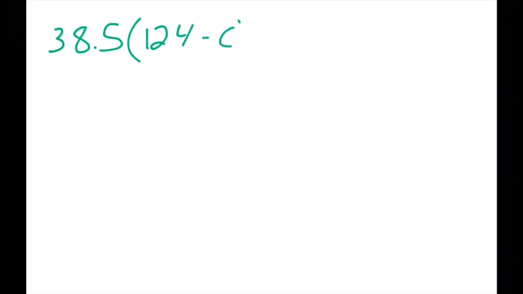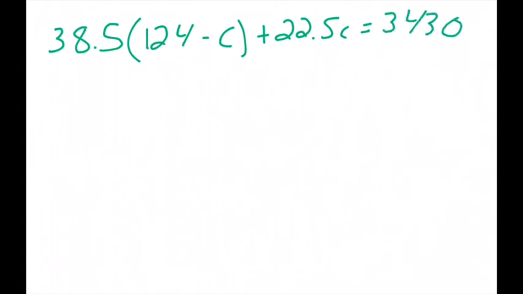So we have 38.5 times 124 subtract c, close that up, plus 22.5c equals 3,430.